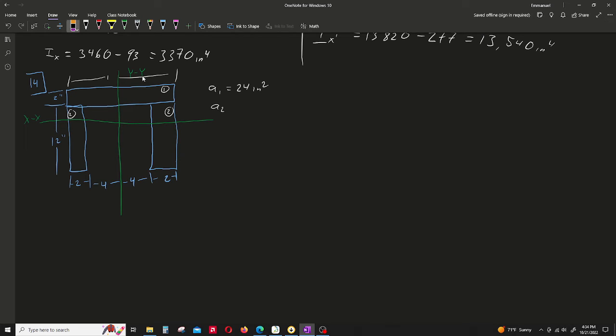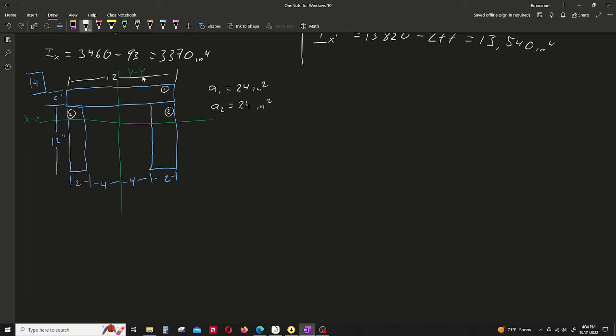Plus 2 makes 10. Plus 2 makes 12. This is 12. So now 12 times 2 gives us 24. There we go. I was confused for a second. So again, this number 2 is 12 again times 2. So therefore we got 24 for our area for that one.